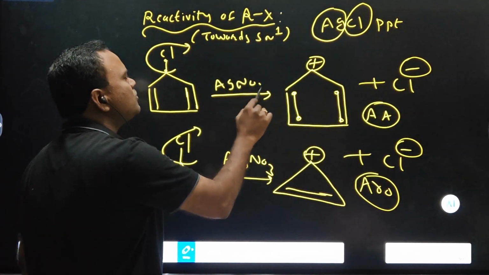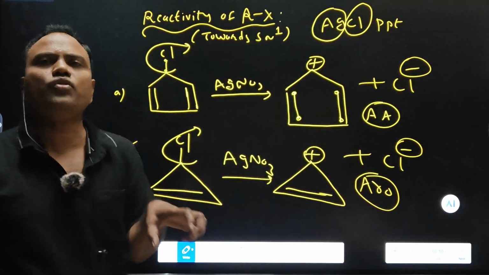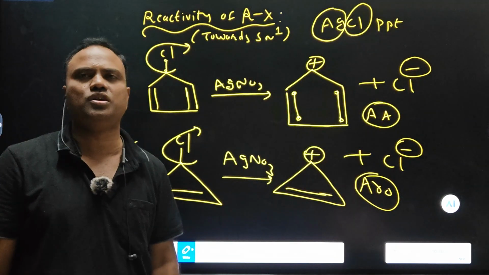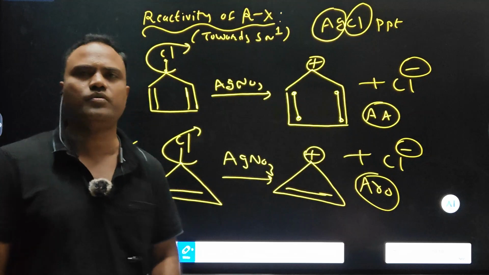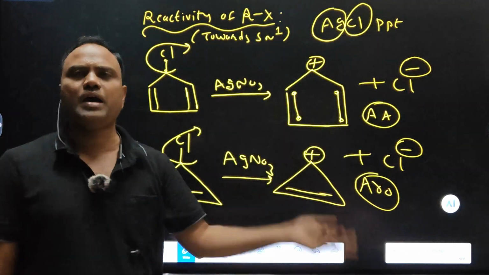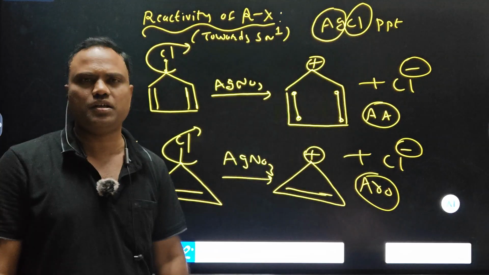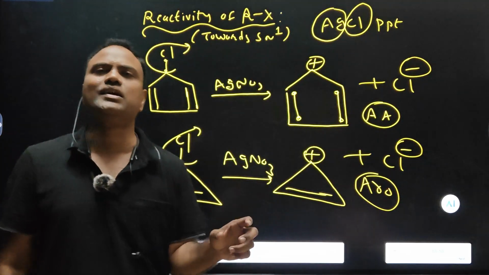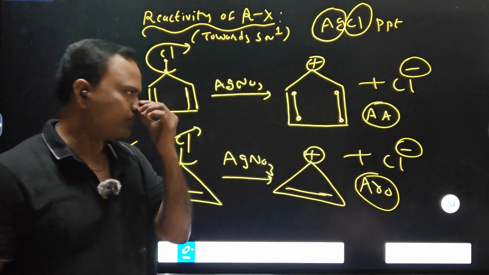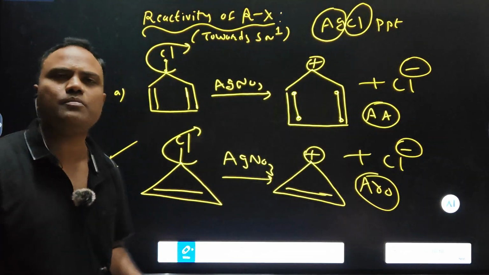This is another model question. Which of the following compounds readily gives precipitate with AgNO3? Very important model question. Concept is the same, but pattern is different, model is different. Clear? Which of the following alkyl halides readily gives precipitate with AgNO3? See, which is forming stable carbocation?